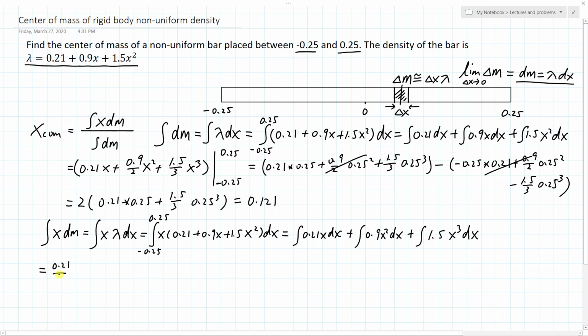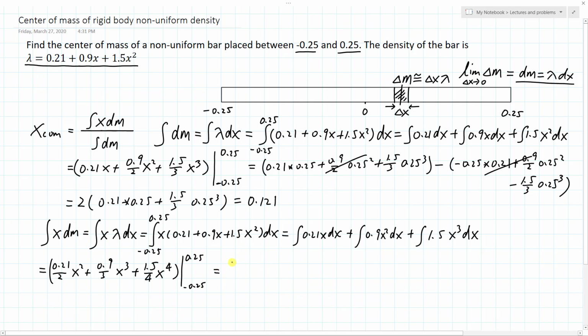0.21 over 2 x squared plus 0.9 over 3 x cubed plus 1.5 over 4 x to the 4th power, from minus 0.25 to plus 0.25. Then we plug in the numbers, right?